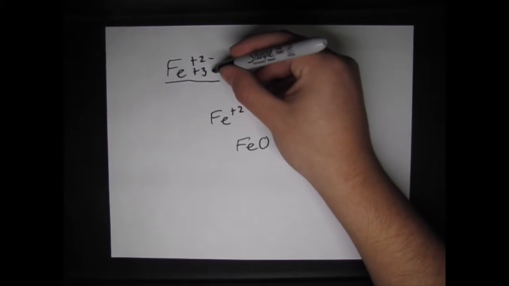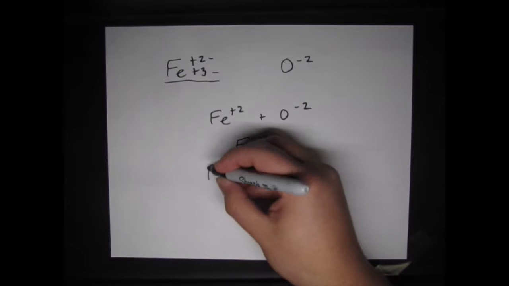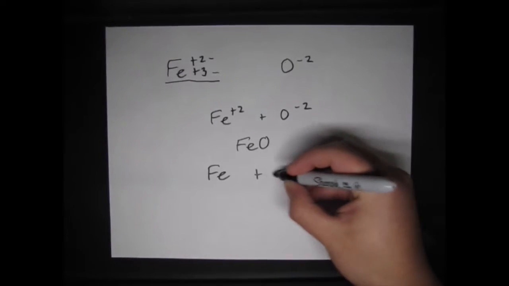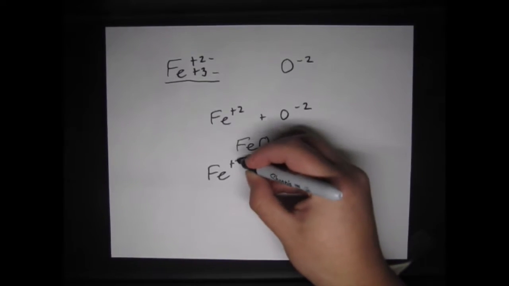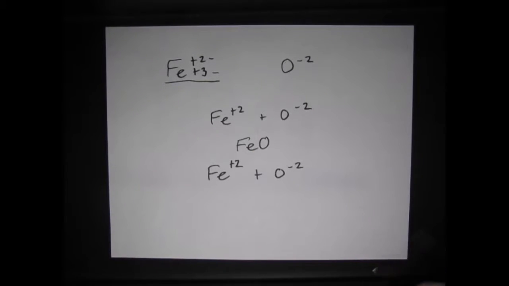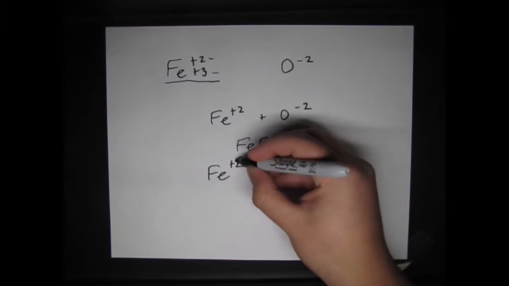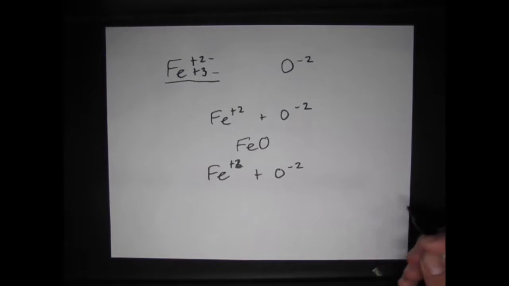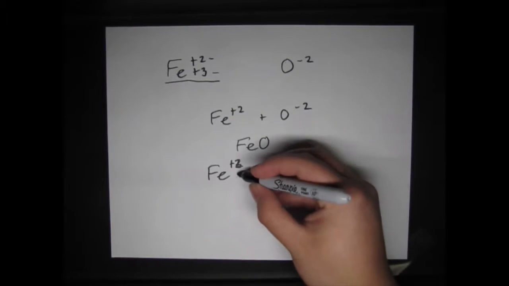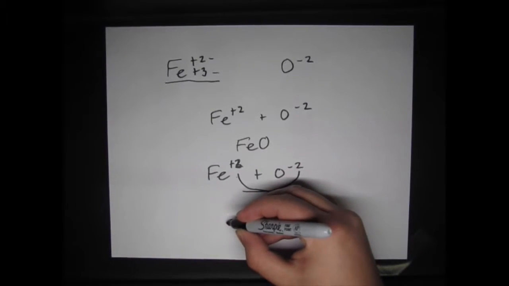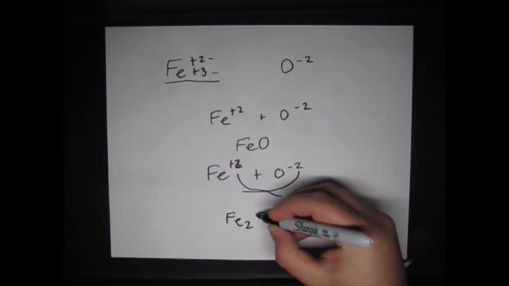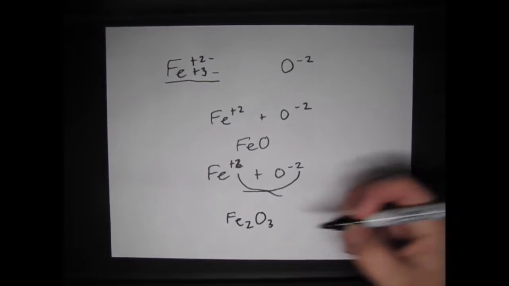However, if we were to use the charge of +3 for iron, the charges for both elements would not cancel out each other. So by using the crisscross method, we would go back to having iron 2 and oxygen 3.